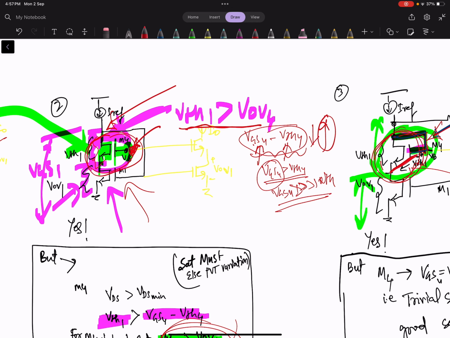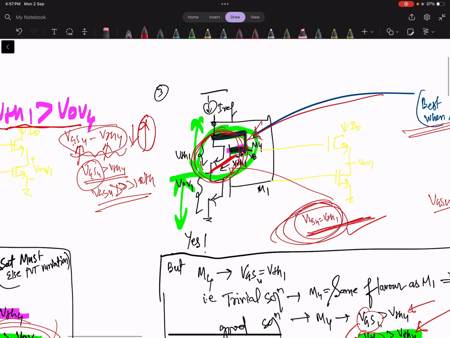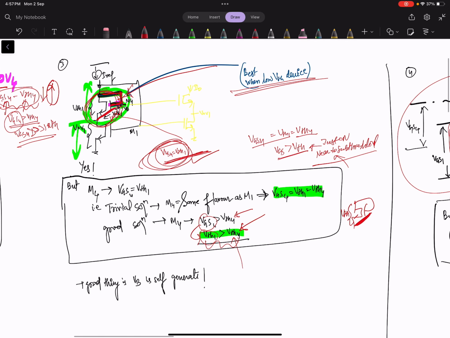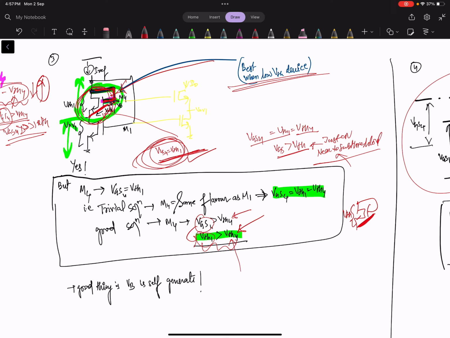So what we did, we connected it in a diode connected form, and we checked that for this block to work as a current reference circuit, both VTH1 and VTH4 should be the same. Also the gate source voltage VGS4 should be equal to the threshold of this device. Okay, if it is satisfying this case, then it is fine.